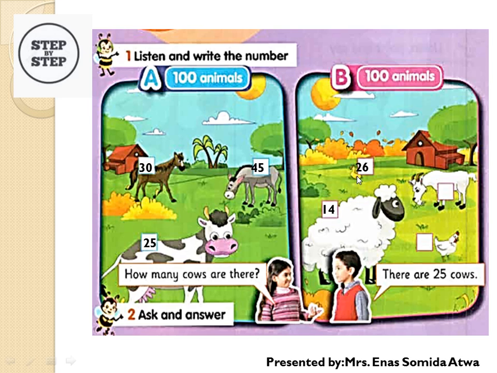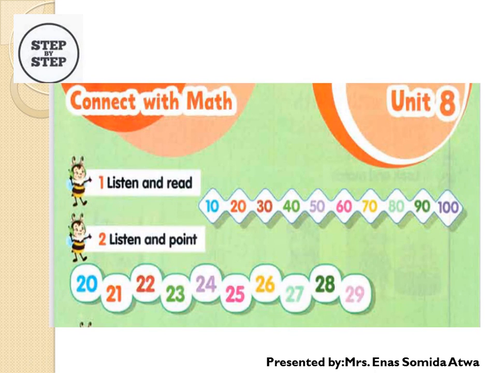There are 26 ducks. How many goats are there. There are 18 goats. How many hens are there. There are 42 hens.